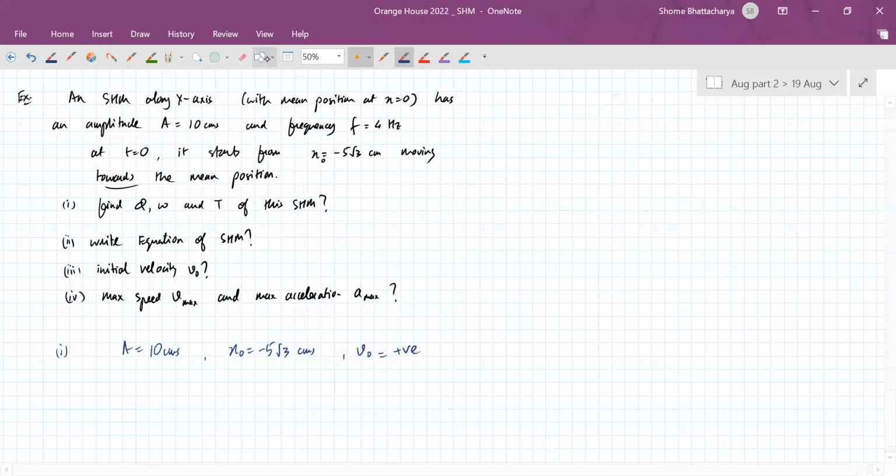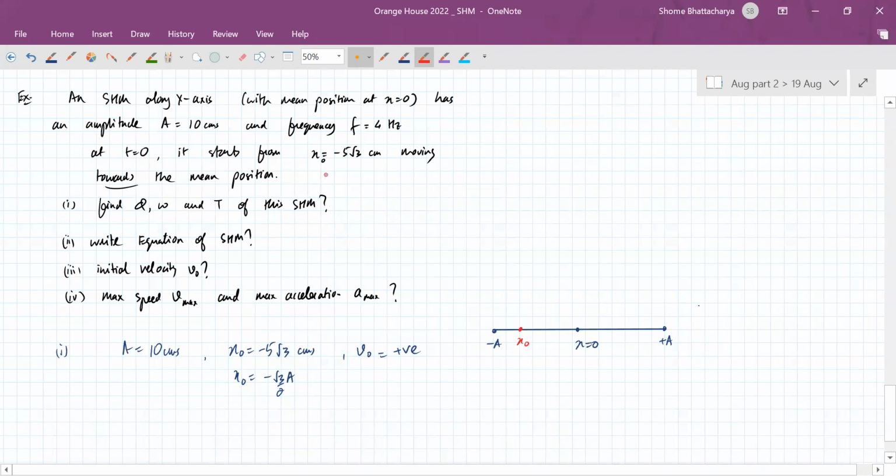Because just visualize the motion. It is given to me that it's starting from a negative point. Okay. So this is our mean position. This is our minus A. This is our plus A. Now where it is starting from, you can see x naught is minus √3/2 A. It is starting from some negative position like this over here.